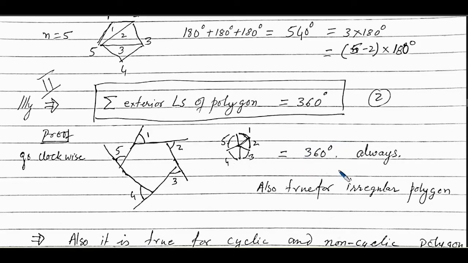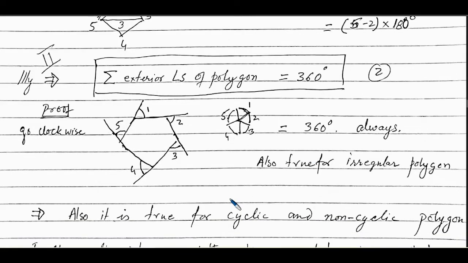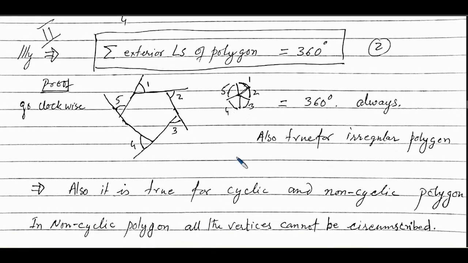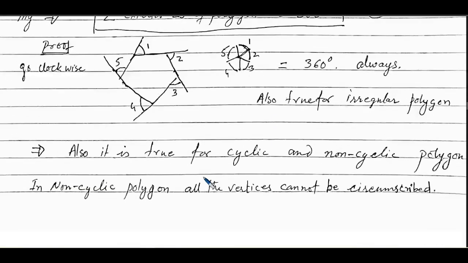Just try with other shapes, a triangle, square, hexagon, and see. Take a protractor, measure the angles and sum them. Approximately you will get 360, because you may not be very accurate in measuring the degrees, but it has to be exactly equal to 360.